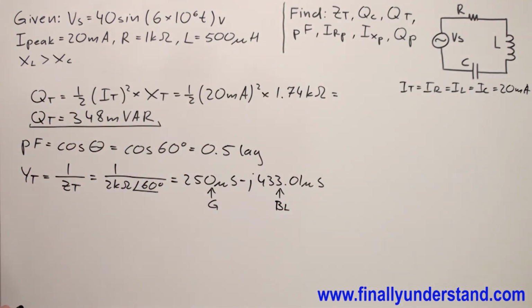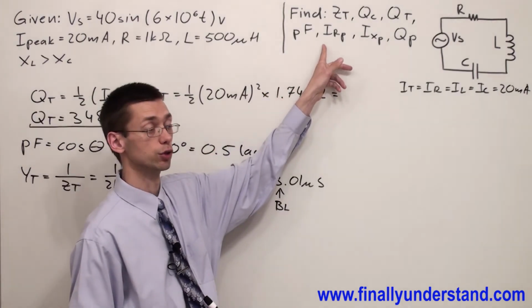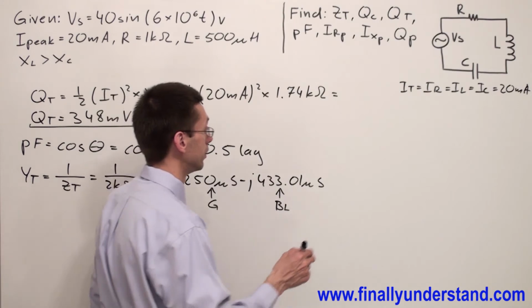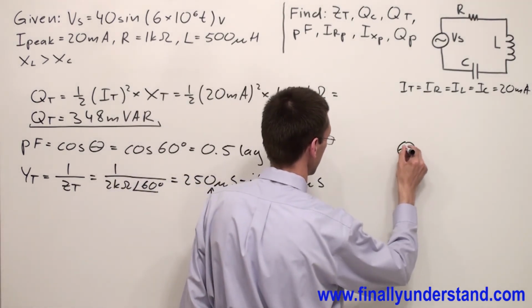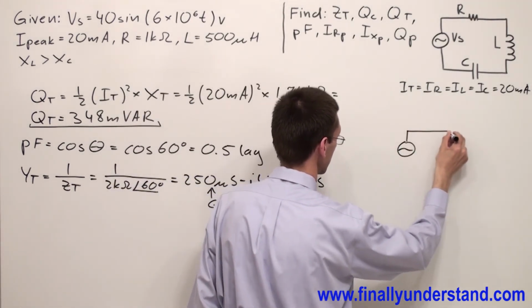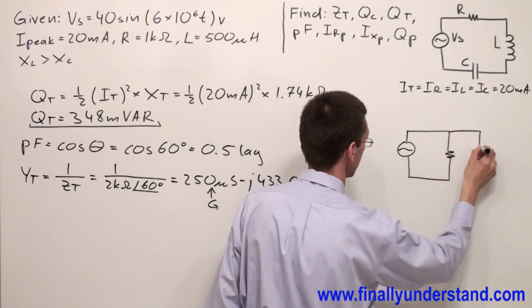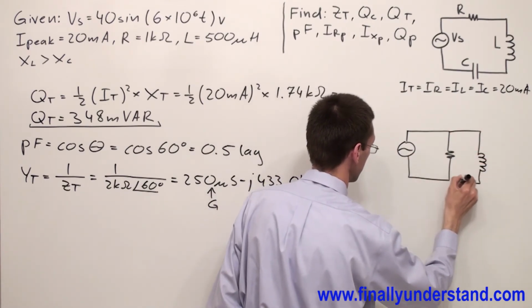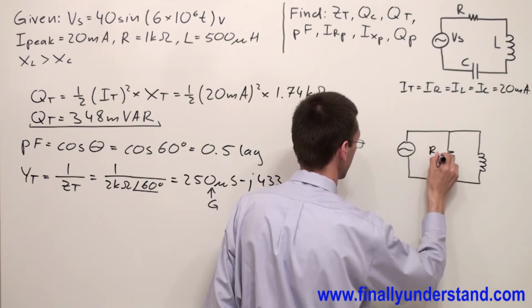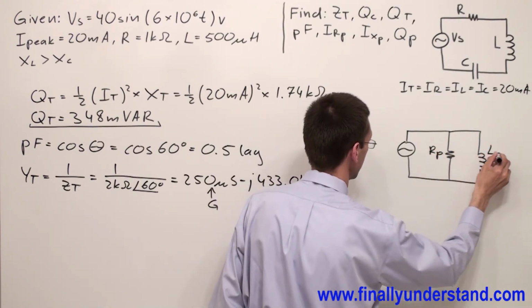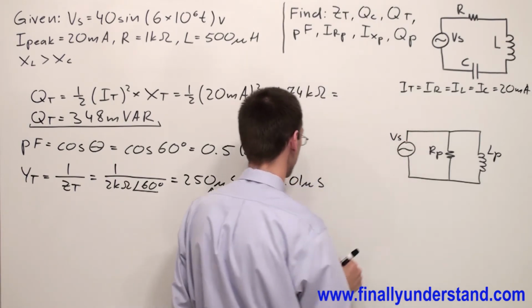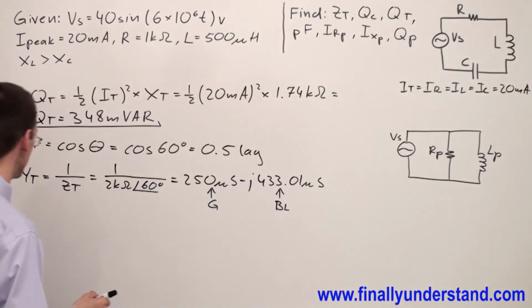So in order to find the current which goes through the parallel equivalent circuit, I'm going to have my resistor and my inductor. So I have my RP and this is my LP, and this is my voltage source. What am I supposed to do?